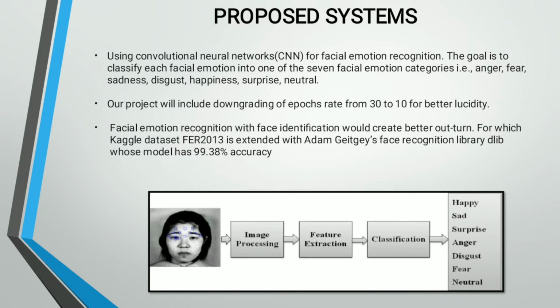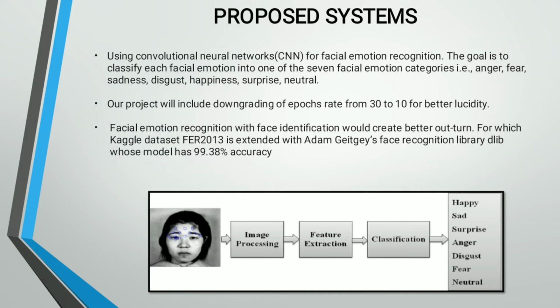Proposed system. In the proposed system, we used the CNN algorithm for facial emotion recognition. CNN is nothing but convolutional neural network. The main goal is to identify the facial emotions, which are categorized into anger, fear, sadness, disgust, happiness, surprise, neutral.